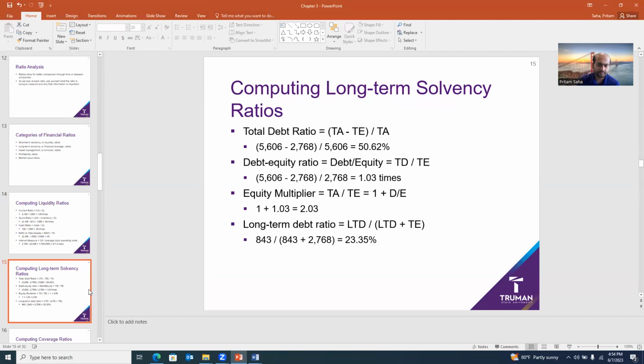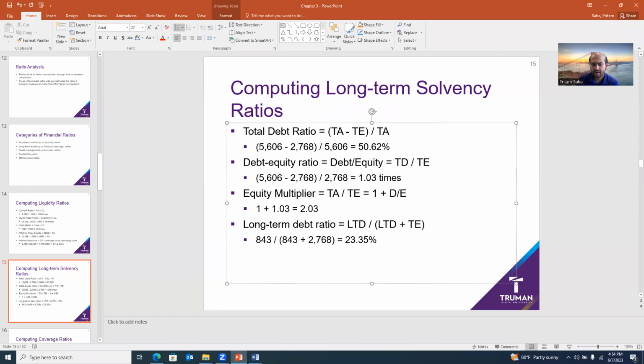The formulas are straightforward, so don't be afraid of them. Your job is to understand how to interpret and how to plug in the values. The total debt ratio is total assets minus total equity, divided by total assets.